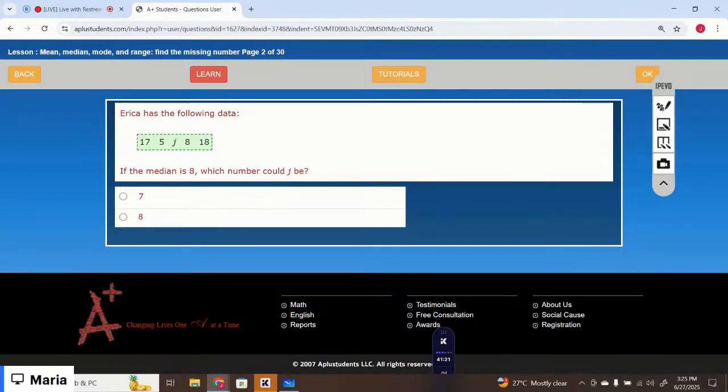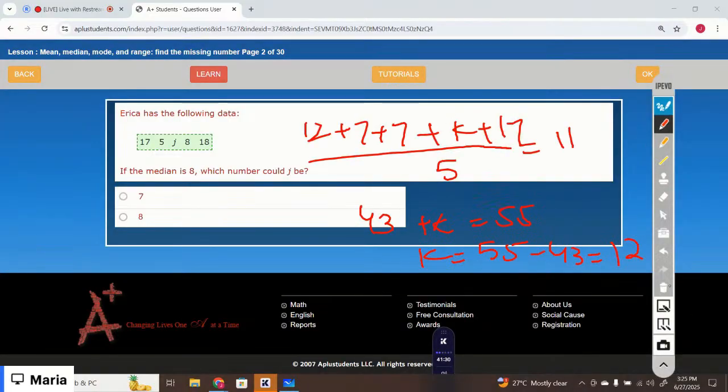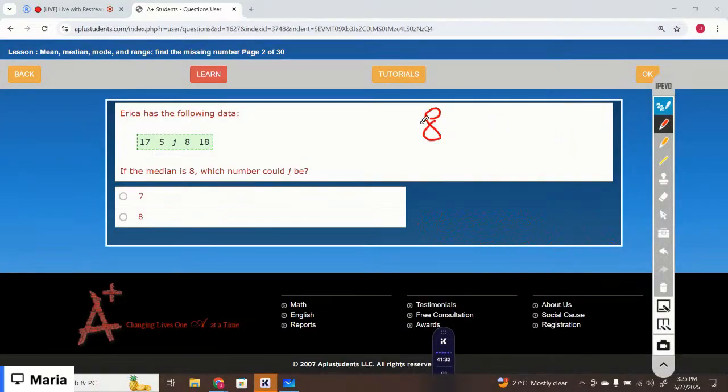Erika has the following data. If the median is 8, what number will J be? The median is 8. That means it is exactly the middle number, right? The numbers before the median are less than 8, and the numbers after the median are greater.